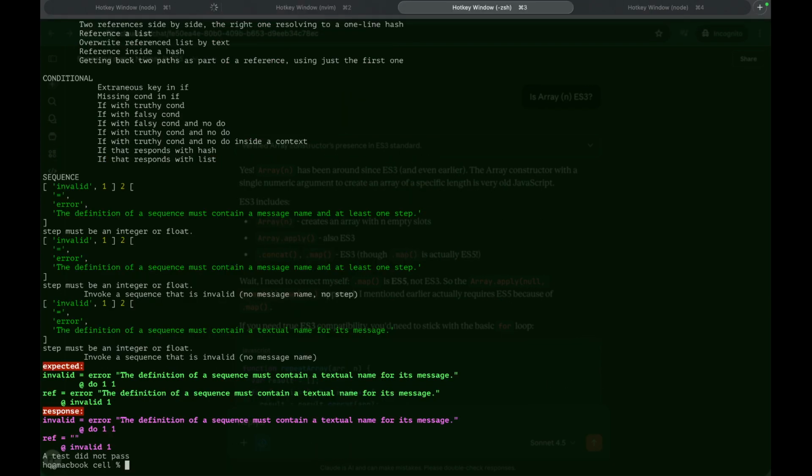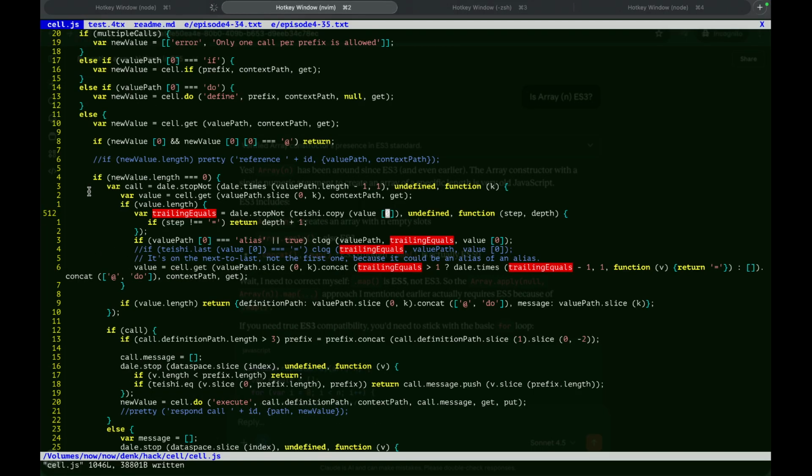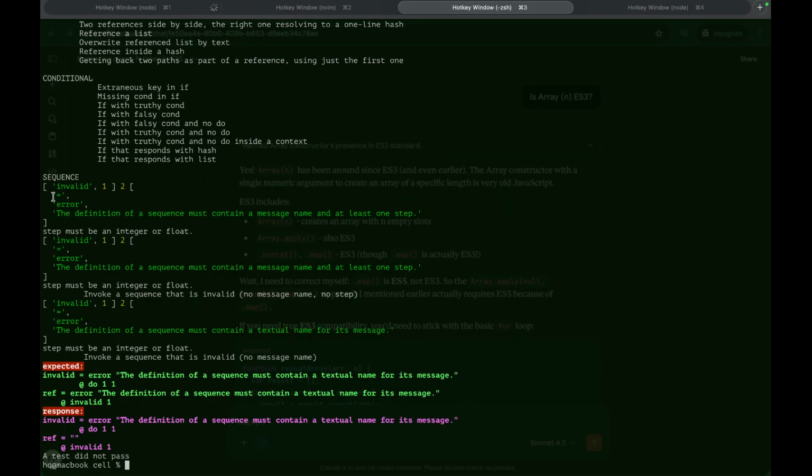But why is this 2 if the depth here is 0?